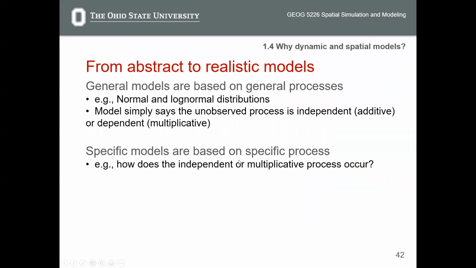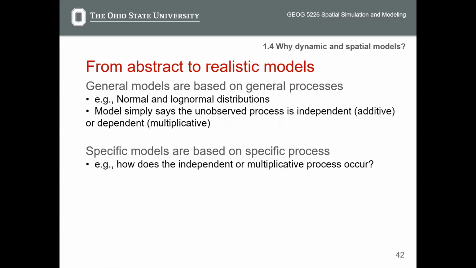And from abstract to realistic models, they are models pursuing realism, or in other words, they are what? Simulation models. So general models are based on general processes. For example, normal and log normal distributions. The model simply says the unobserved process is independent or dependent. And these models can be applied anywhere.